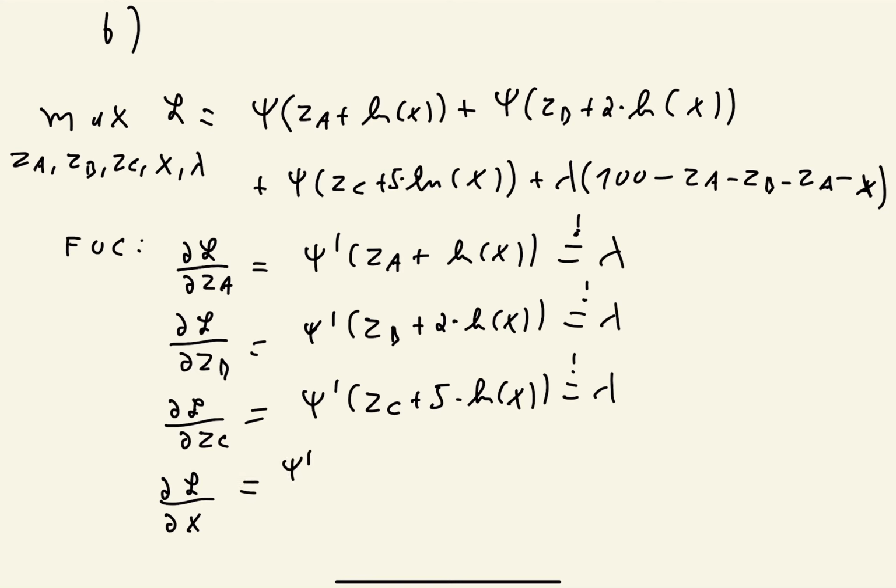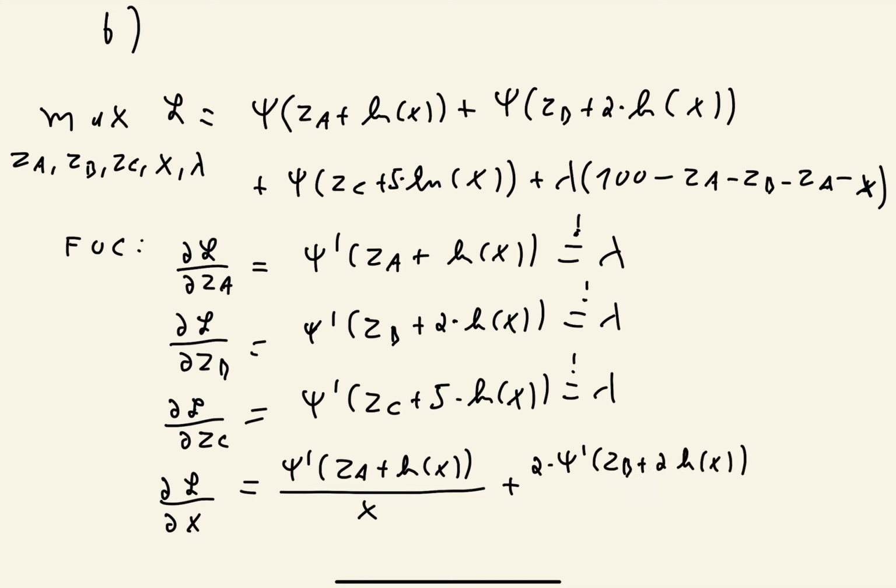So we get psi prime ZA plus ln of x divided by x, plus 2 times psi prime ZB plus 2 ln of x divided by x.